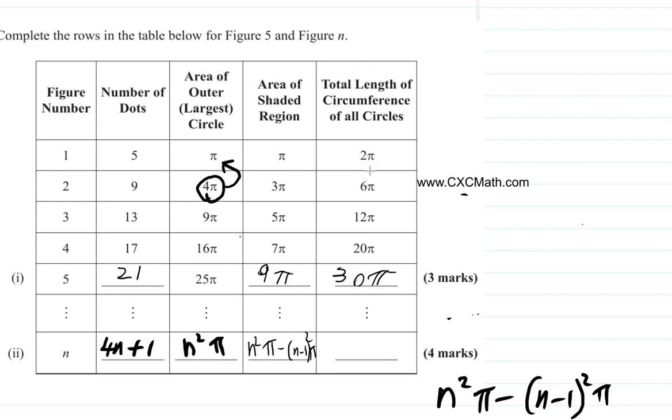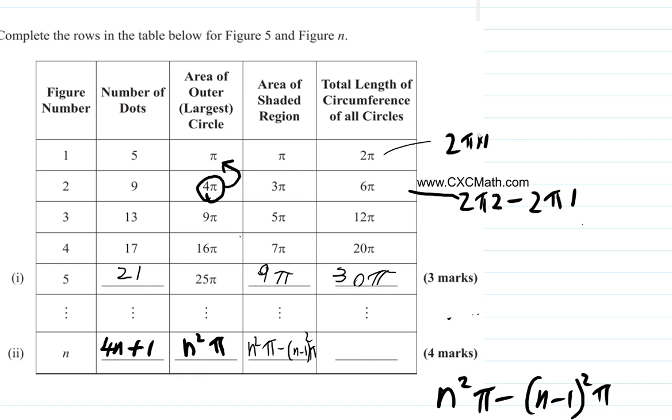Alright. So, 2 pi. How did you get this 2 pi here? For figure 1, it would be 2 pi times 1. For figure 2, the circle was 2 units long. It's 2 pi times 2 minus 2 pi times 1.